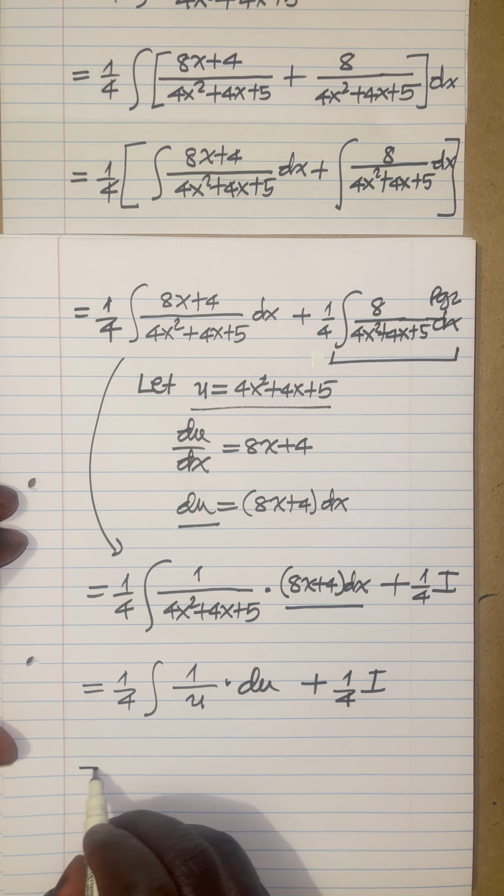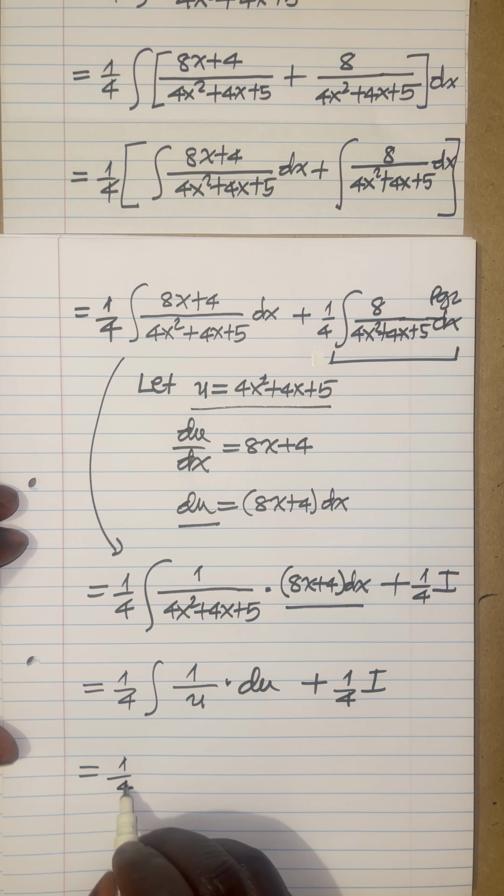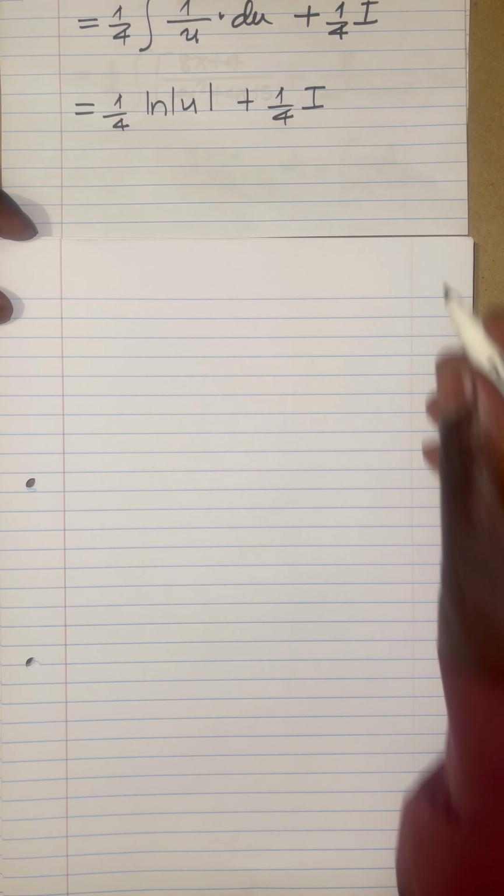This, you'll agree with me, is just a quarter of the natural log of u, and then plus a quarter I. Now, we will come back and revert to our original variable at the end when we're done with the second part. Now we have to work on this integral now. So now the second part is, let's go to page 3 now.